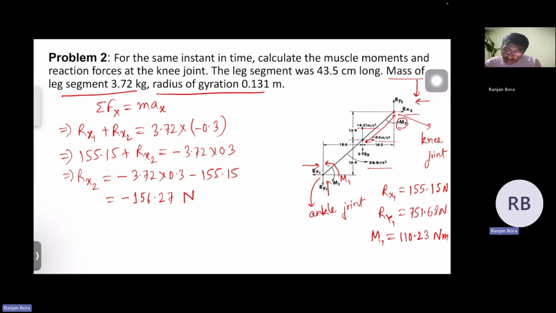From this triangle, we can see this is 14.2 and this is given as 12.9.